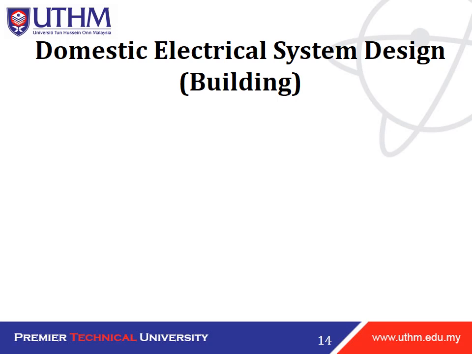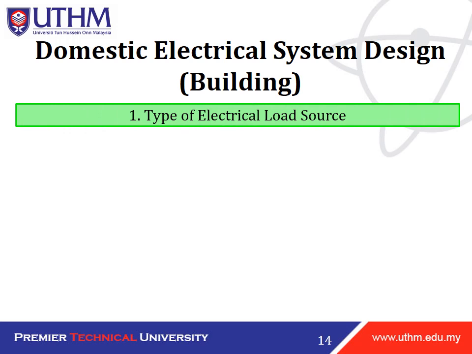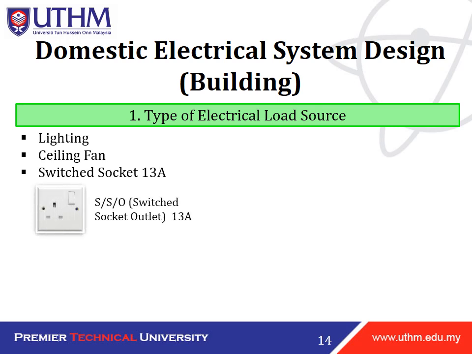Okay, now we move to the domestic electrical system design for building. The first is the type of electrical load source. We have lighting, ceiling fan, and switch socket 13 ampere. This is the example of the switch socket with 13 ampere. SSO is the short form for switch socket outlet. And then we have also switch socket with 15 ampere.